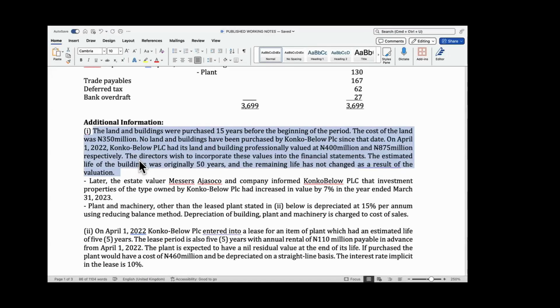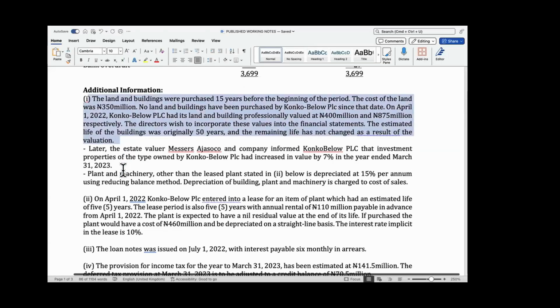The very first, Mr. Ibrahim taught you that whenever there's a revaluation of an item of PPE, the first thing you identify is, are we having a revaluation surplus or deficit? As soon as you identify that, then you have a new value. And the second is for you to know, what's my depreciation for the year, so I can determine the carrying amount of this asset. That's all we need to do here.